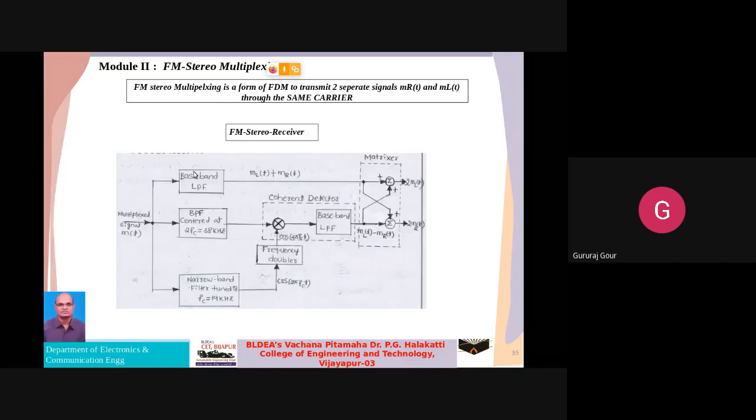Baseband signal is there, we want a baseband low pass filter which is tuned to the frequency where we added these two signals, which is going to get back our summation of ML of t and MR of t. And another bandpass filter tuned to 38 kilohertz will give us this DSB-SC signal, the second term. And narrow band, it is called narrow band because its frequency is 19 kilohertz, less than 38, which is going to give us k cos 2 pi fct.